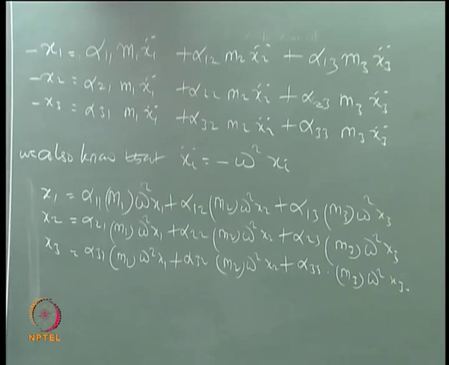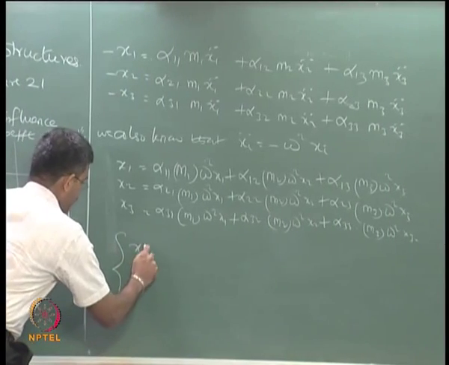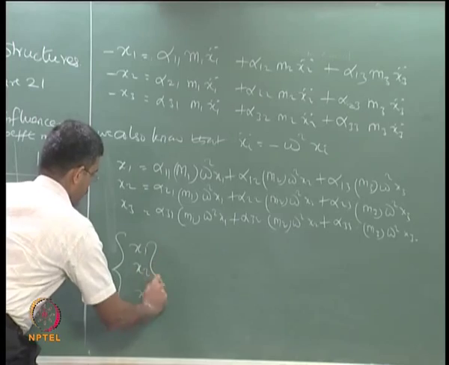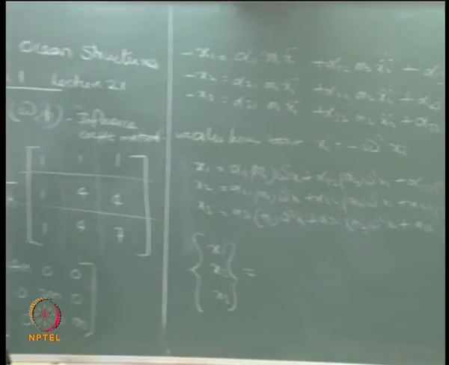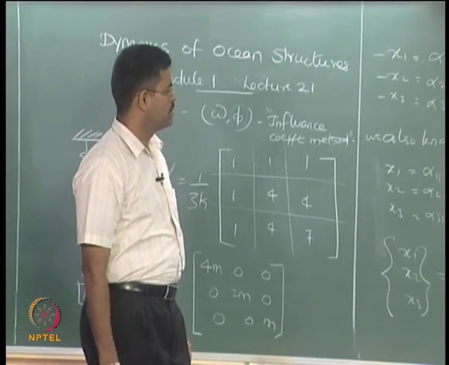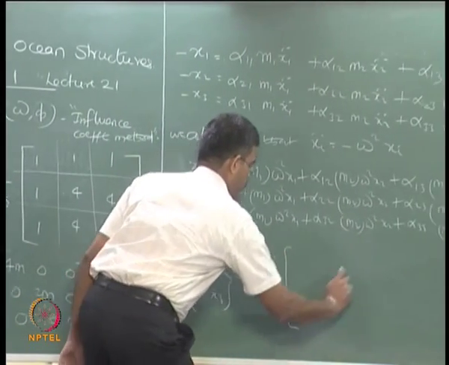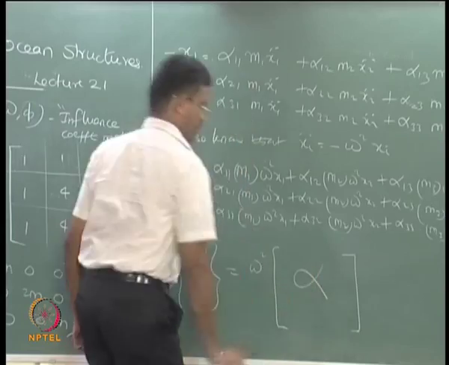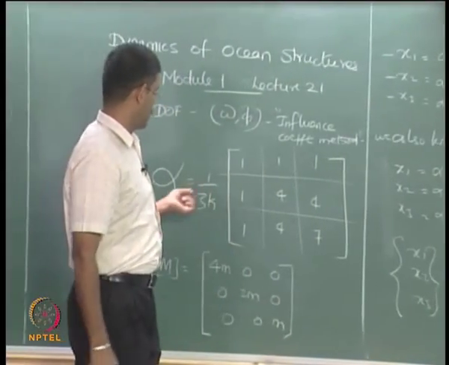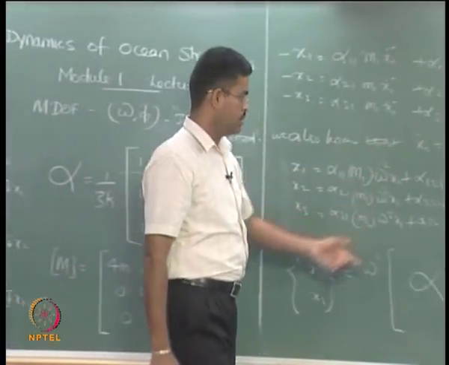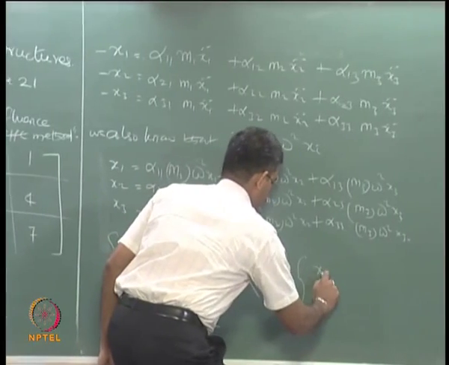I can transform this into a matrix format: omega square of the alpha matrix, which is nothing but the influence coefficient matrix, multiplied by the same vector.